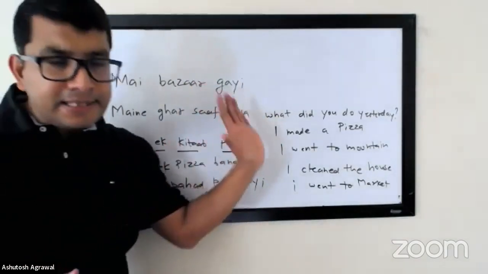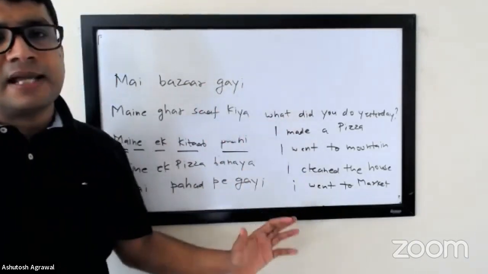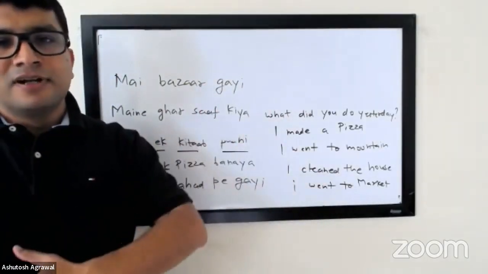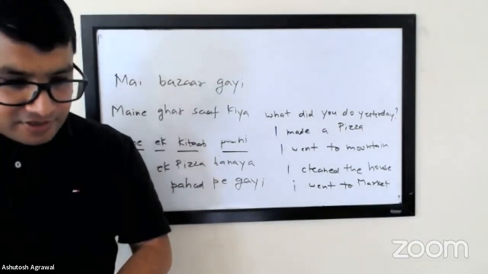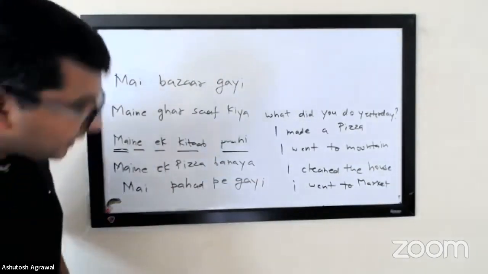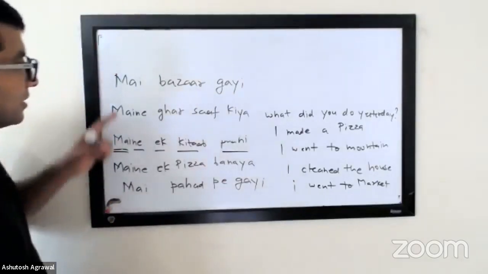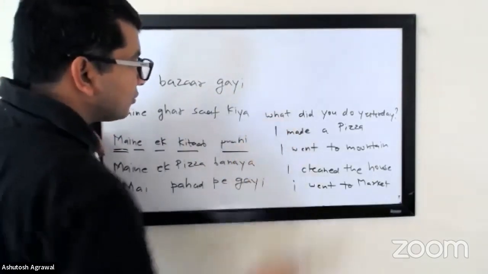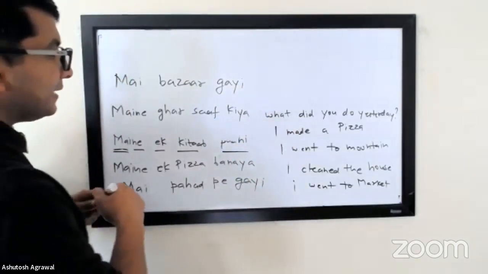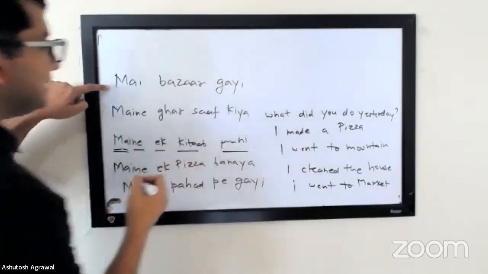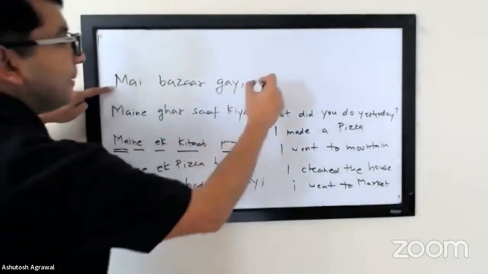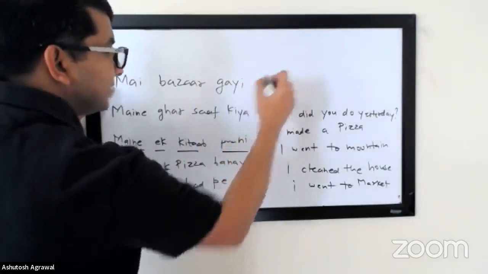But let's say the same sentence, if they had happened many years ago, more than 5 years ago. Same thing, all you would do is add tha, thi at the end. मैं बाजार गई थी.